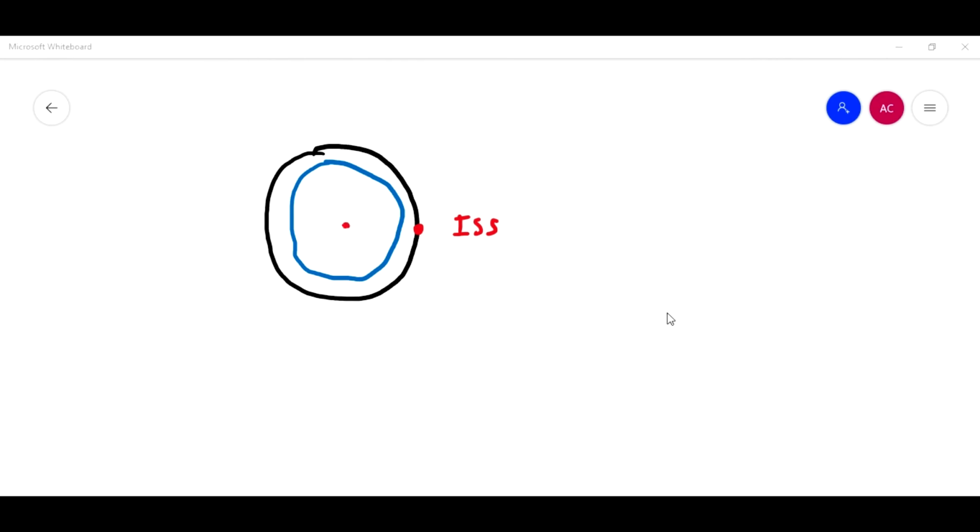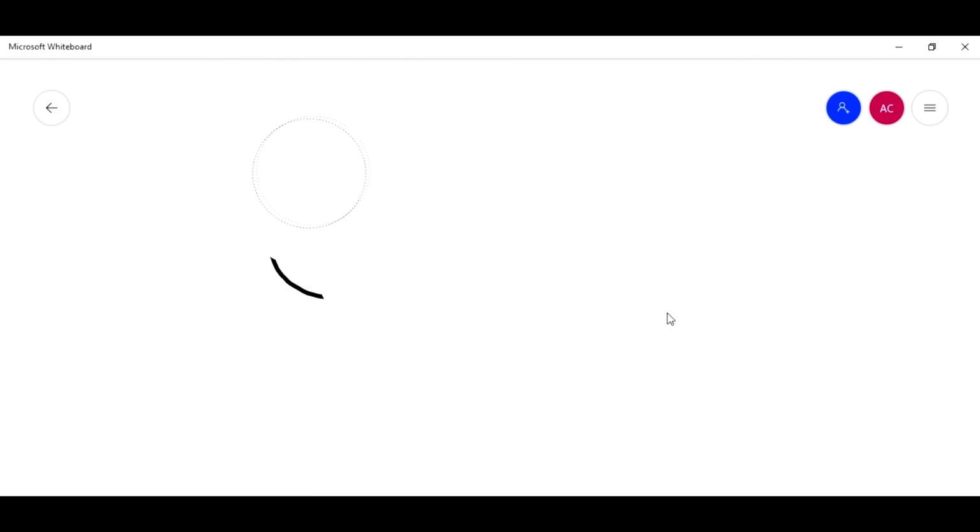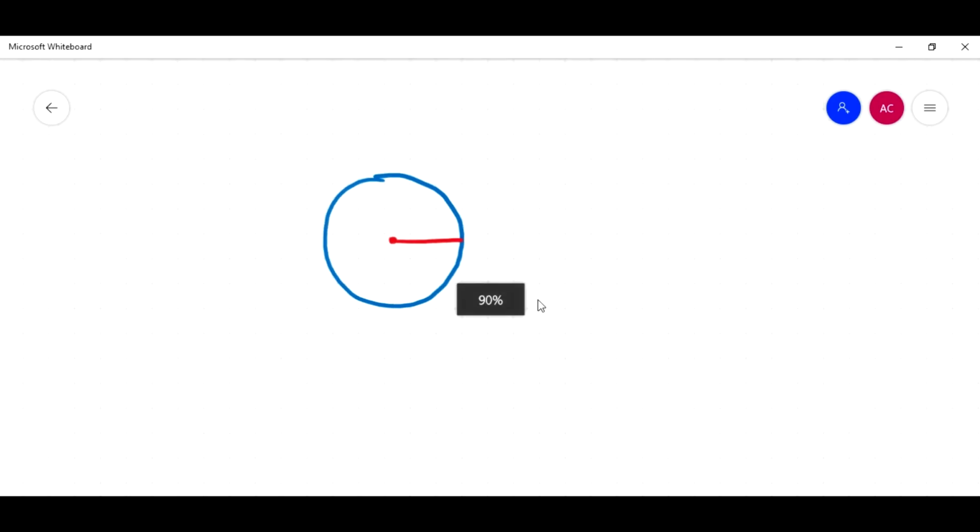I'm going to have to erase this. Let's do it again. This is the Earth, and the Earth has a radius, which is important data that I have to take into account.